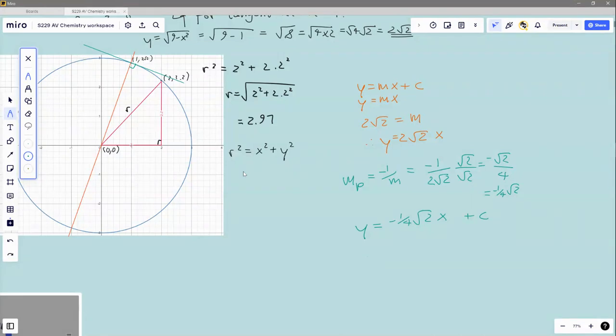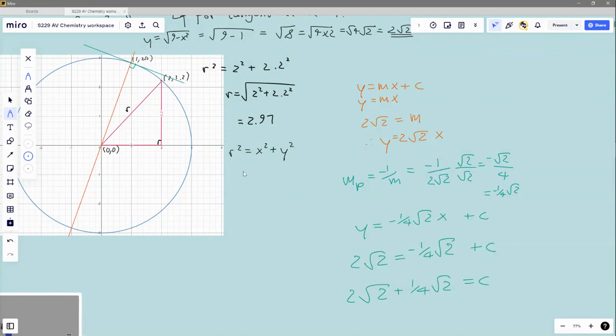We have a value for y, which is 2 root 2, and that's going to be equal to negative 1/4 root 2 times 1, since x is 1, plus c. So we're going to add all of this to the left hand side. So we've got 2 root 2 plus 1/4 root 2 is equal to c.